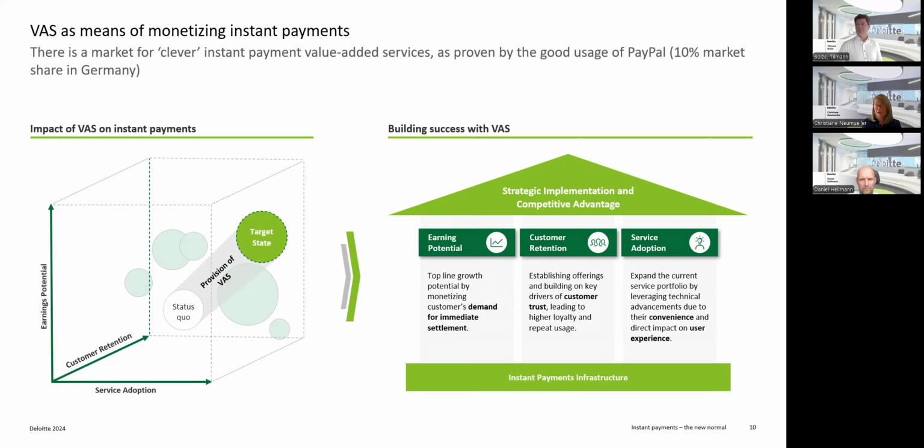Some of you remember maybe this. And I was in the past also part of the team for Pay Direct. And I remember also that a lot of people said, okay, is it really necessary also instant P2P? Is it really necessary in the market? And maybe in this time, okay, it was not accepted.